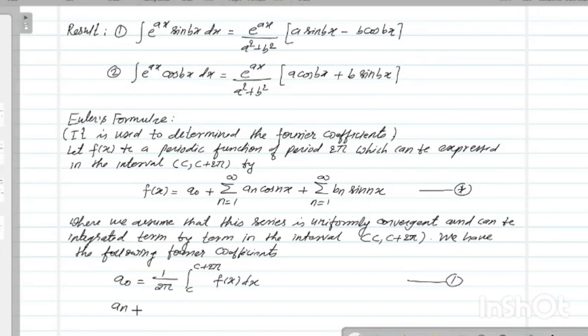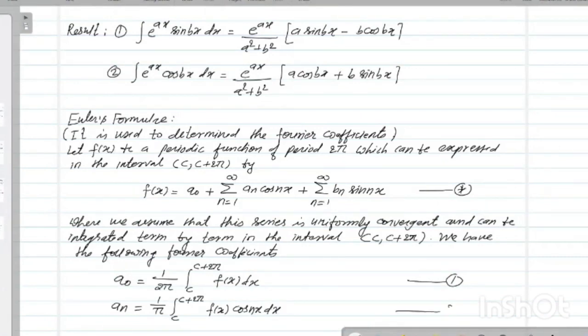Then a n is equal to, the second formula for the Fourier coefficient. So what is a n? A n is 1 upon pi, integration of limit running from c to c plus 2 pi, f of x cos nx dx.